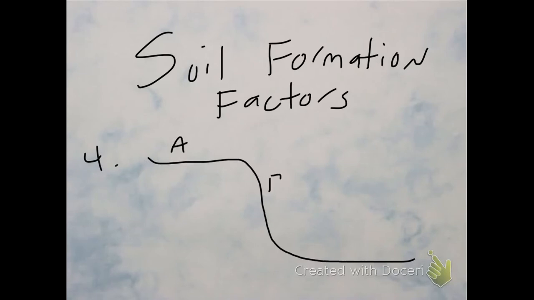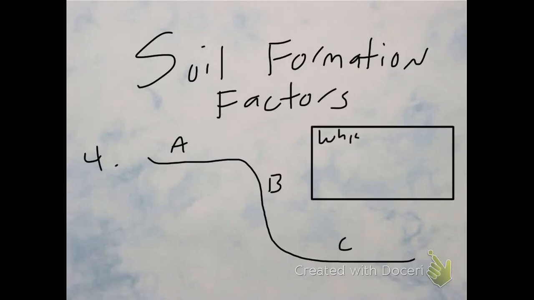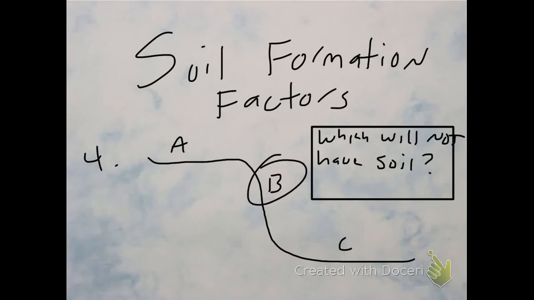Okay, for soil formation factor number 4, we have different levels of maybe the edge of a plateau or a mesa. We have A, B, and C. So which one of the letters A, B, and C will not have a soil on it? And that is B, because it's too steep. And that is another factor of soil formation, which is slope.